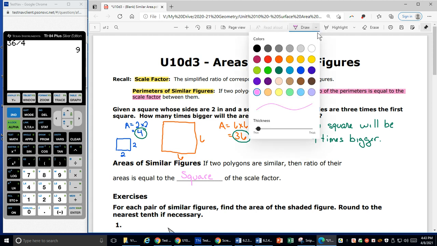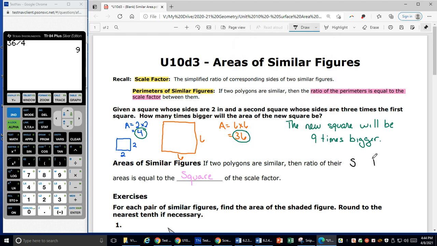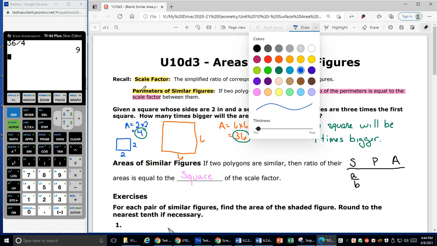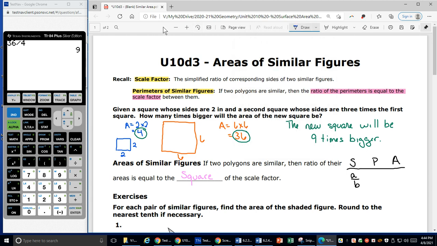What you're going to see that I'm going to do on each of these, whenever I'm working with ratios or similar figures, anytime I see the word similar, I'm going to create what I call a SPA table, where S is for scale factor, some sort of simplified ratio of, let's say, A to B. P stands for perimeter, and the perimeters have a ratio that's equal to the scale factor.